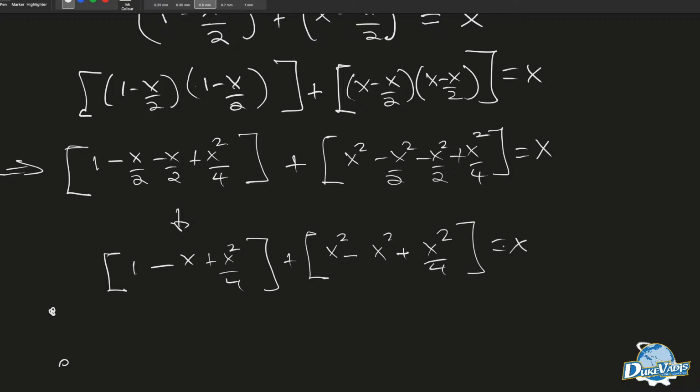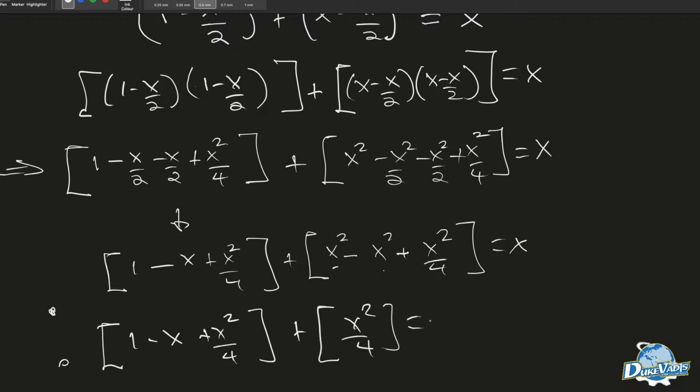See, friend, it becomes so simple. You see this one will cancel that. This will cancel this. So eventually we have 1 - x + x²/4 plus this, which is x²/4 = x. You see, friend, it's becoming so easy.